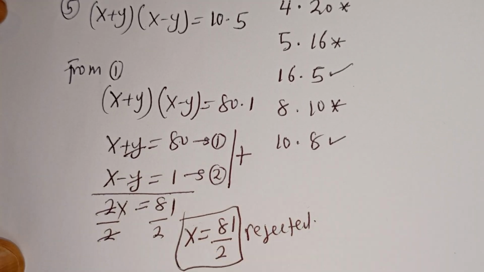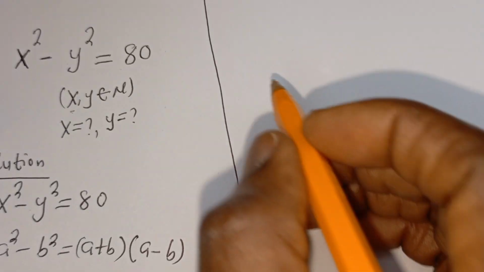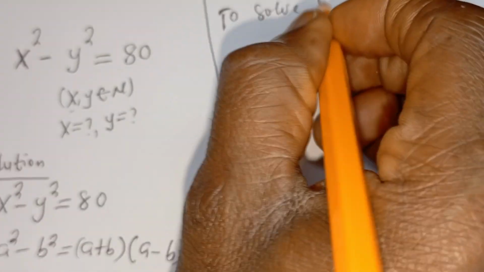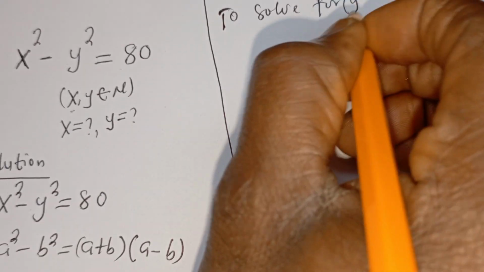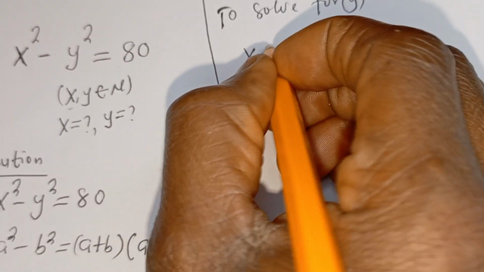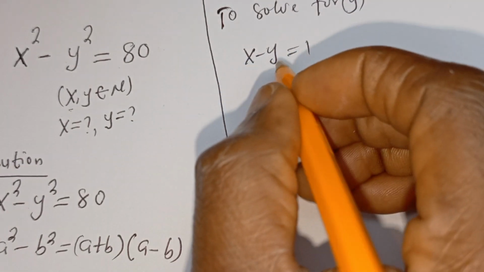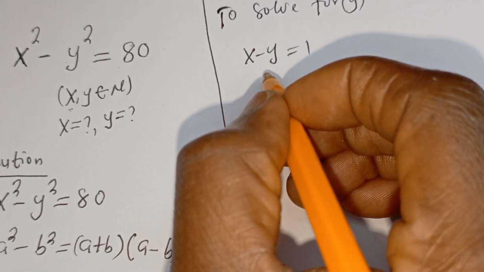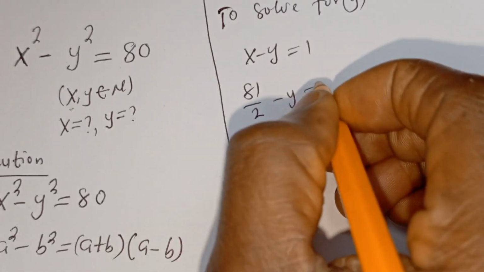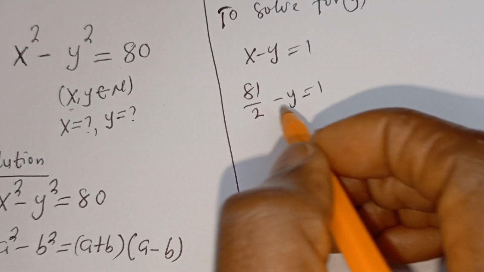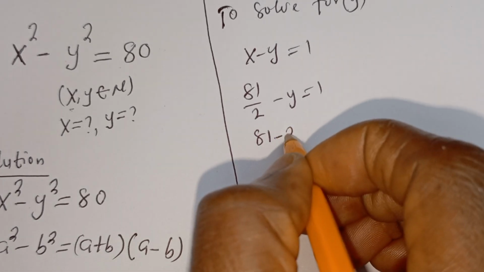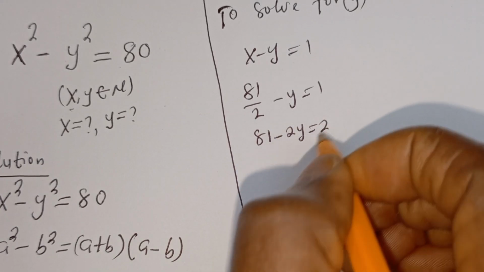Now let's solve for y. From equation 2, we have x minus y is equal to 1. Then when x is 81 over 2, we have 81 over 2 minus y is equal to 1. Let's multiply all through by 2. 81 minus 2y is equal to 2.